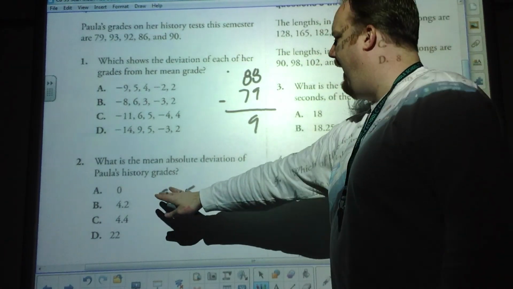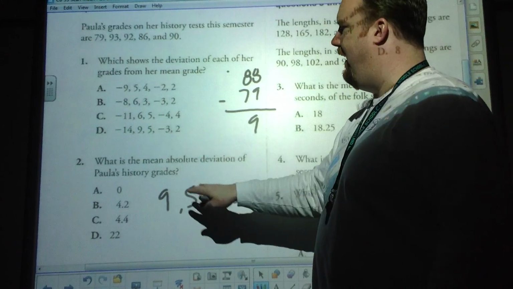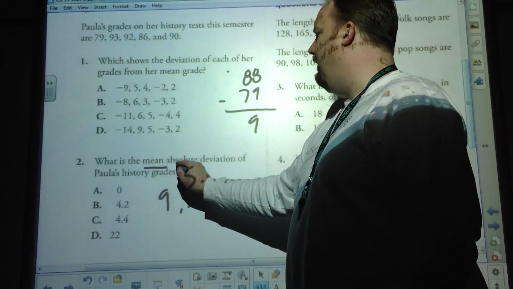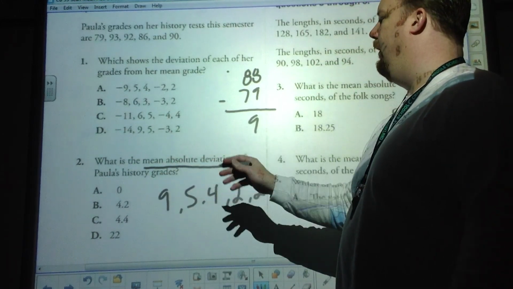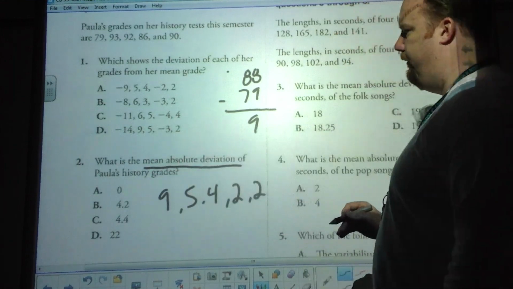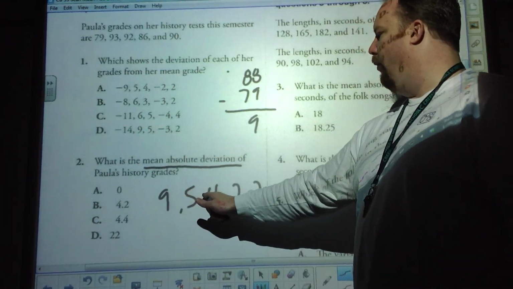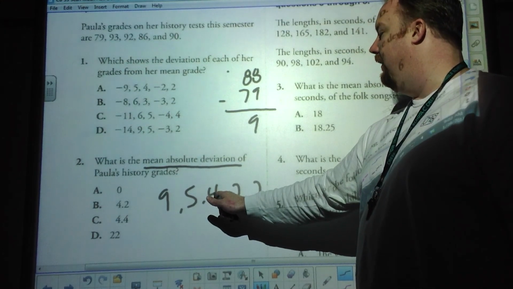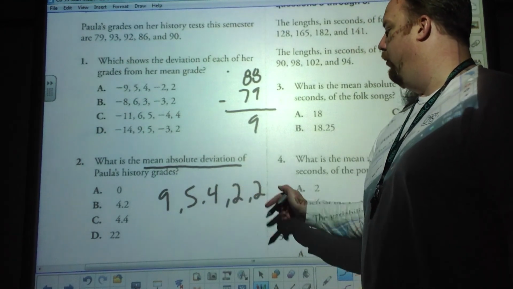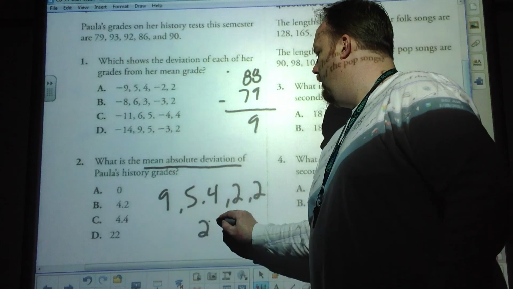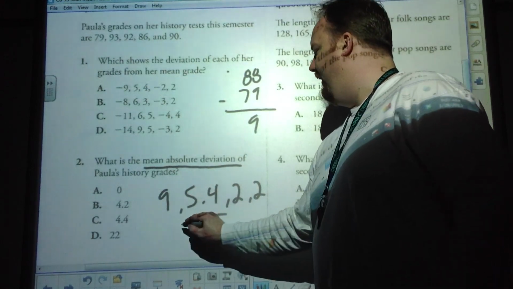And now we're simply going to add these numbers up and divide by 5 to see what the mean absolute deviation is. Forgive me. So 9 plus 5 is 14, plus 4 is 18, which is 20 and 22. Then we're simply going to divide that by 5.